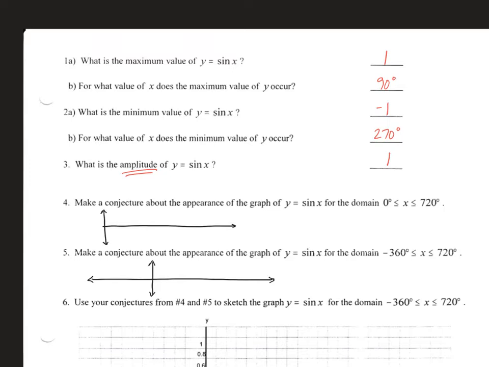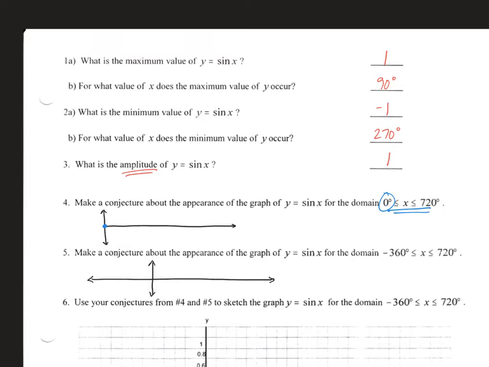We now need to make a conjecture. Our conjecture is a hypothesis, an educated guess. So make a conjecture about the appearance of what y equals sine x would look like for this domain. We notice that our domain starts at 0, and therefore I know that my sine curve also starts at 0. What does my sine curve do?